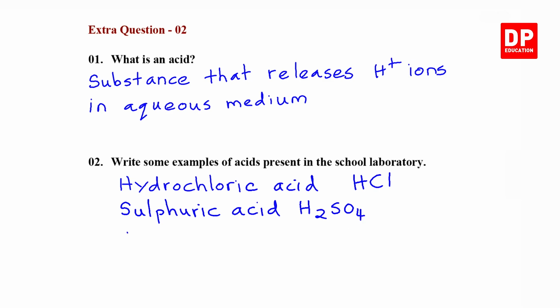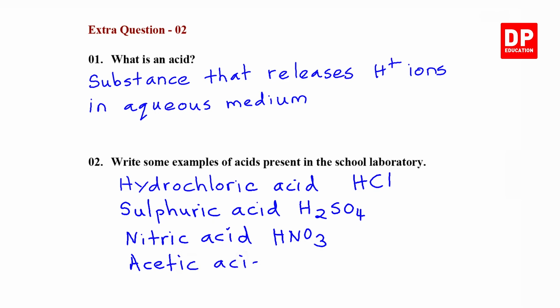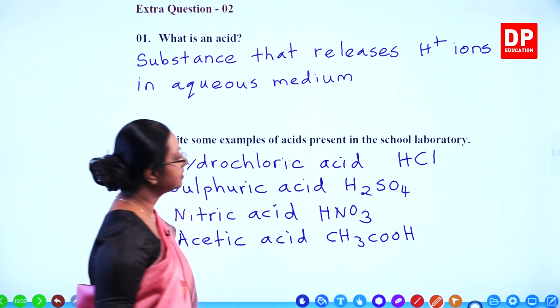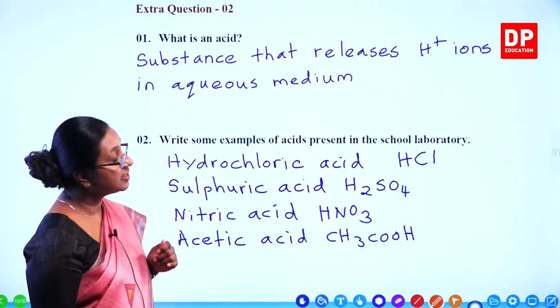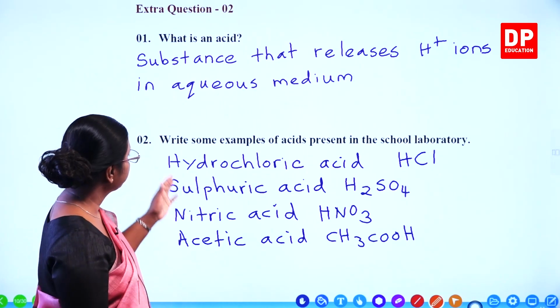Then you can write nitric acid, that is HNO3. You can also write acetic acid. We do have acetic acid in the lab. CH3COOH.